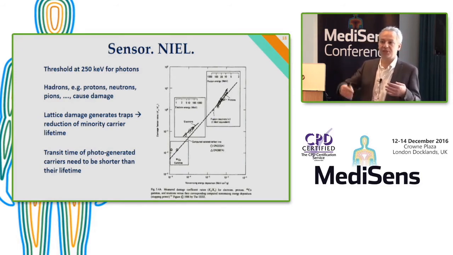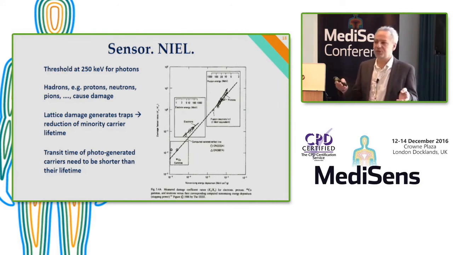With increasing damage, they get trapped more and more quickly. So the solution is to try to get them to the right place before they get trapped. For the silicon device this means collecting the charge very quickly, and the way to do it is putting in an electric field, which is not commonly there in an image sensor, not everywhere at least.